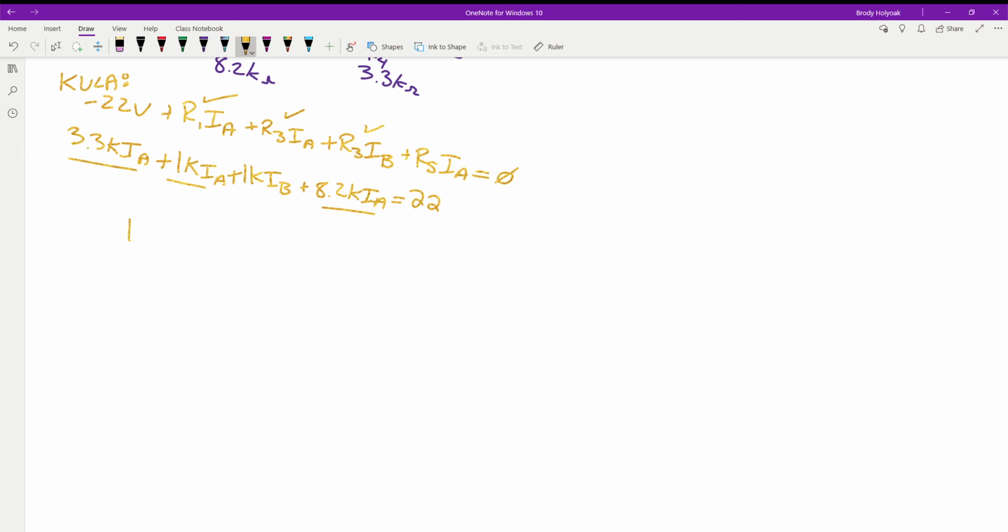So we have 12.5K IA plus 1K IB equals 22. This is formula number 1 I need. How many formulas am I going to be looking for? 2, because I have current A and current B.